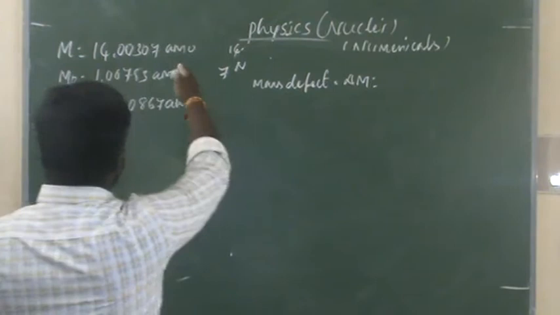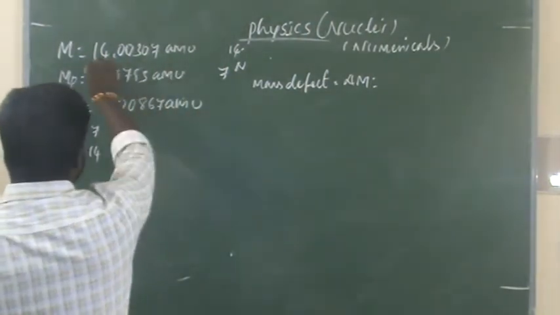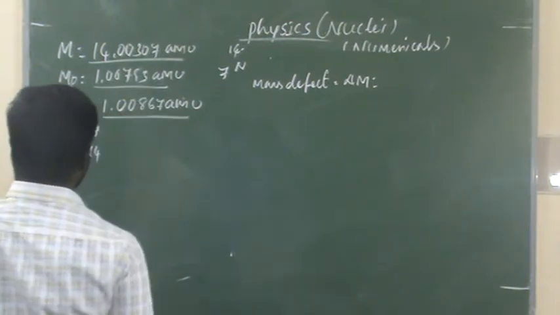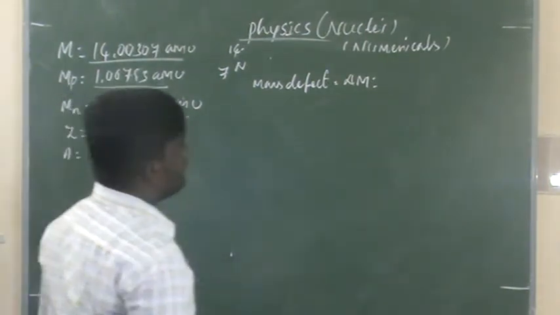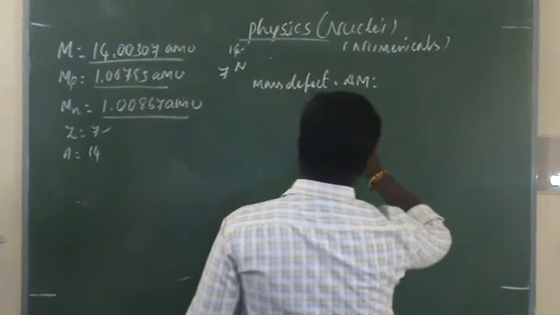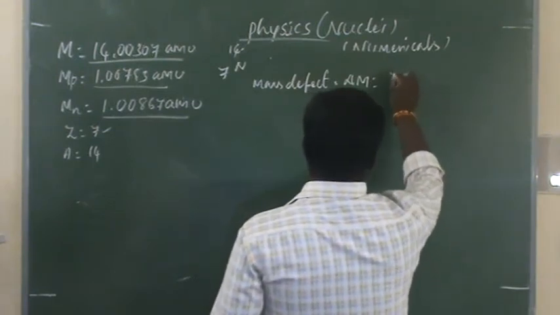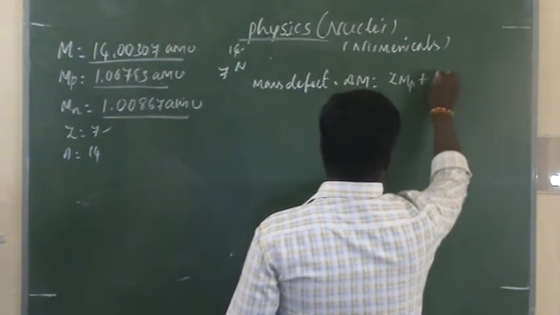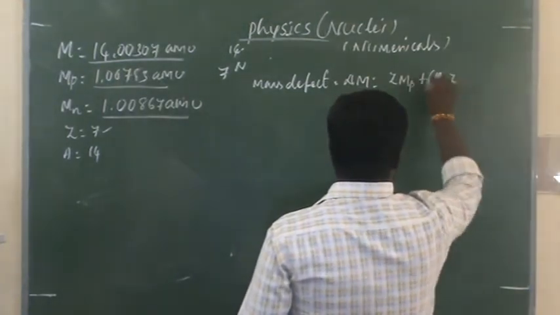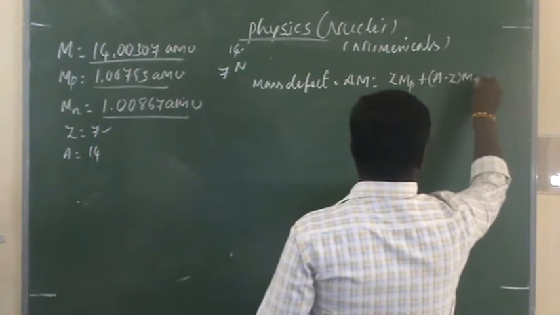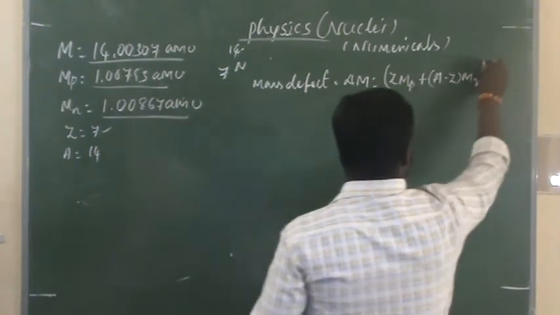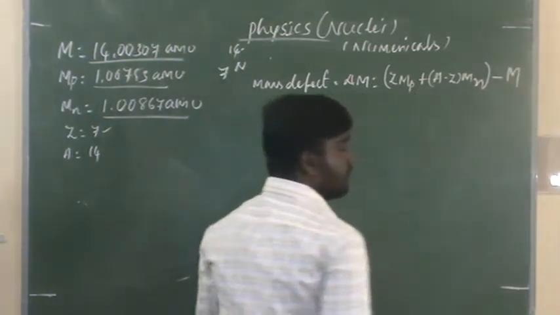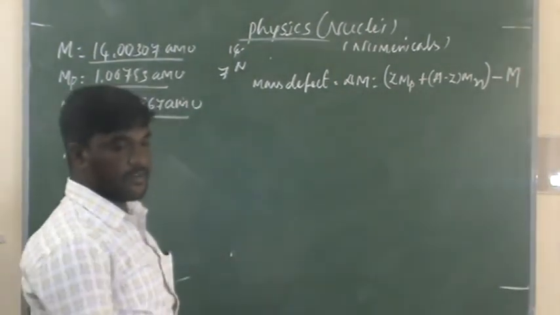The expression is Z Mp plus A minus Z Mn, minus the rest mass of the nucleus.